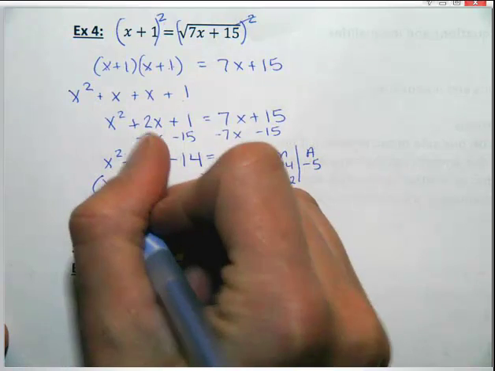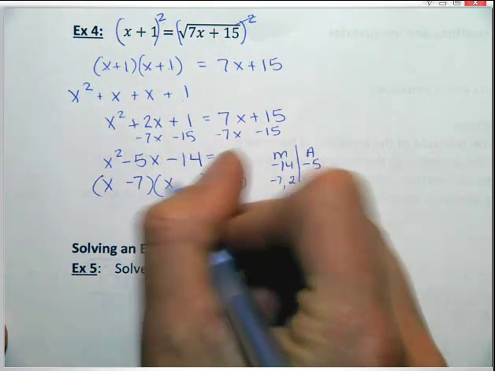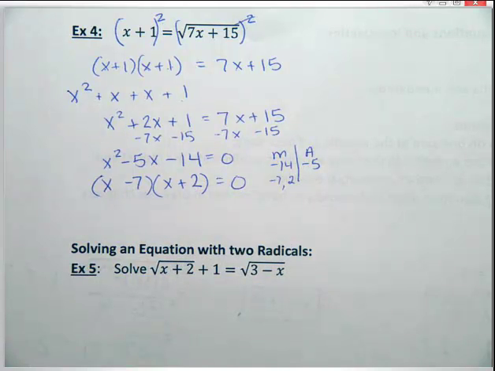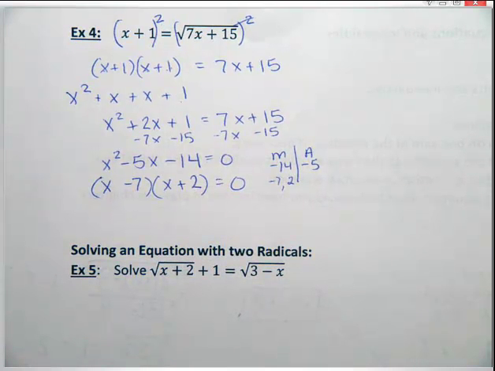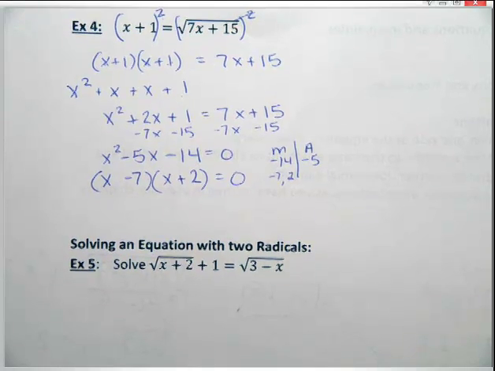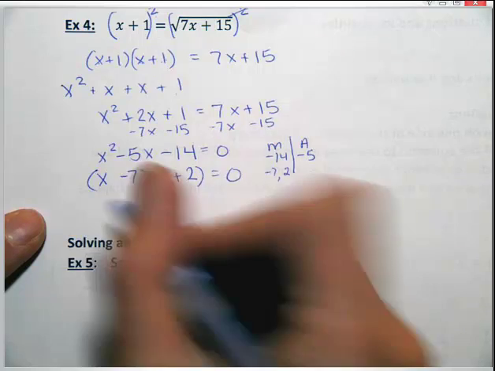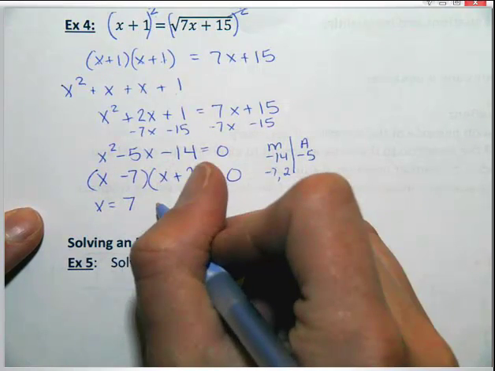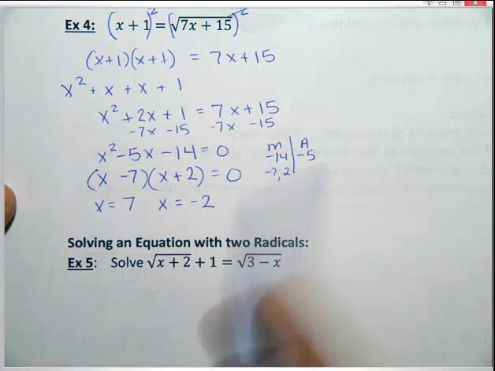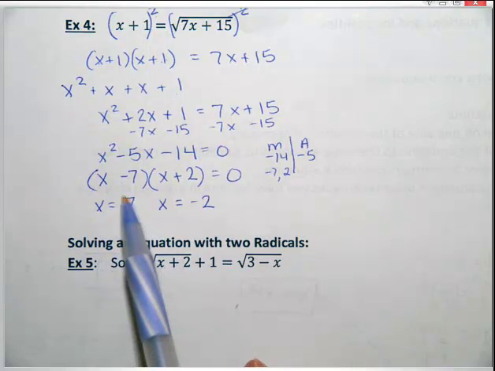So we'll write x minus 7, x plus 2. Now, how does factoring help us solve? Where do I go from here, Madison? Good. X equals 7 and x equals negative 2 by the zero product property.